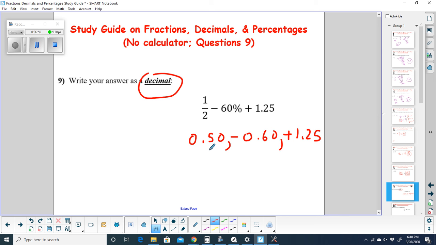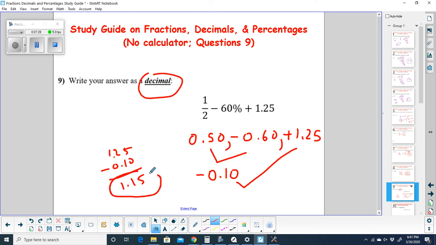Going left to right, 0.50 and negative 0.60: I have more negatives than positives, so this is negative 0.10. Now I have a negative and a positive here, but I have more positives than negatives, so I do the difference between these two. 1.25 minus 0.10 is 1.15, and I have more positives than negatives, so the answer is 1.15.